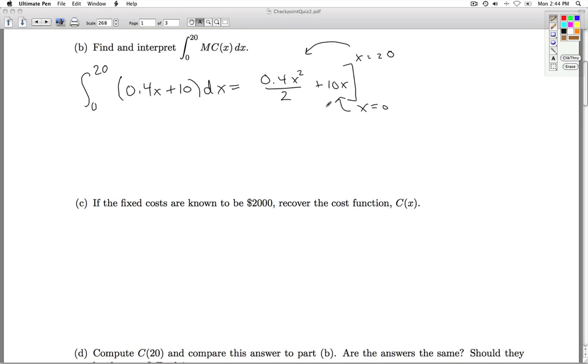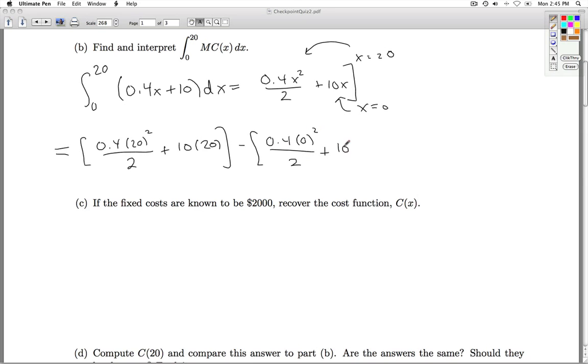I subtract off what I get when I plug in the lower limit of integration. So plugging in the 20, I get 0.4 times 20 squared over 2 plus 10 times 20 minus 0.4 times 0 squared over 2 plus 10 times 0.